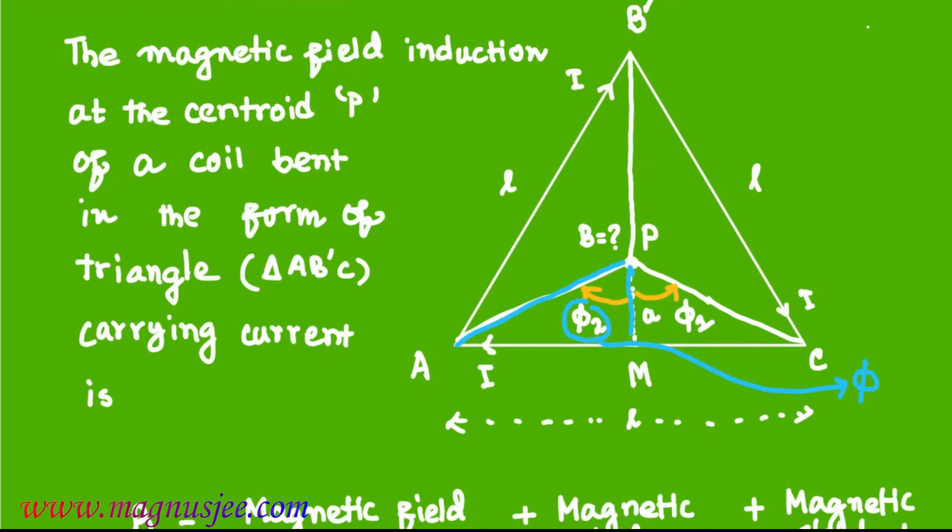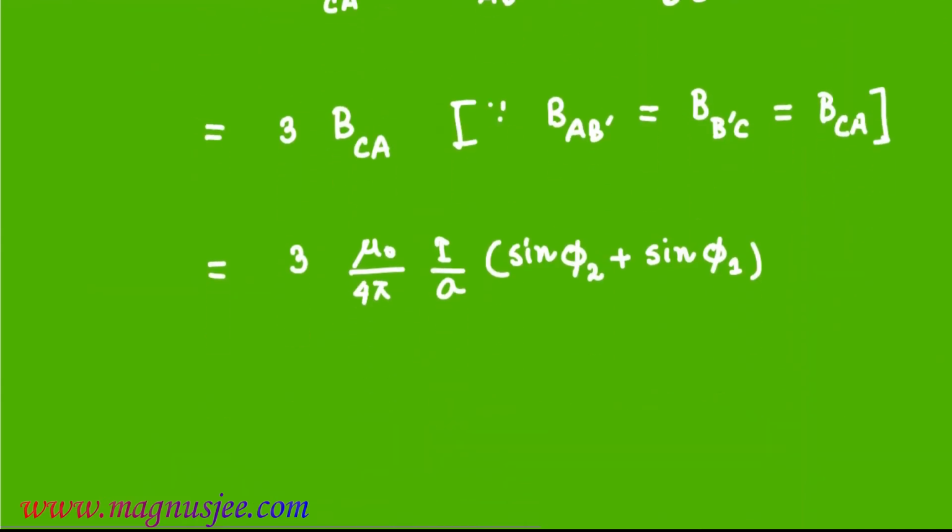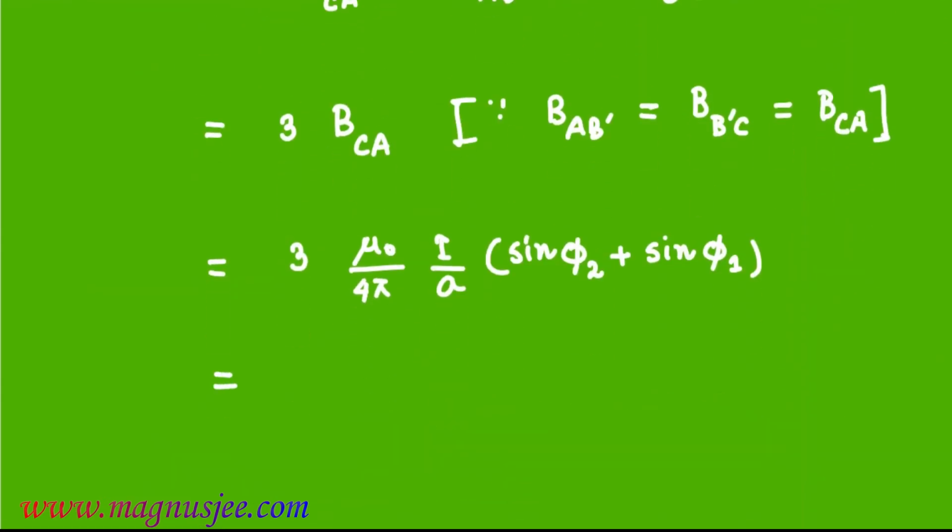It should be 60 degrees, and again the value of that angle phi 1 is 60 degrees for the coil bent in the form of a triangle.